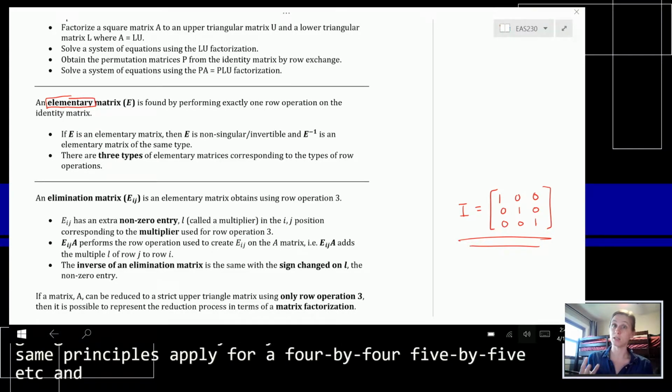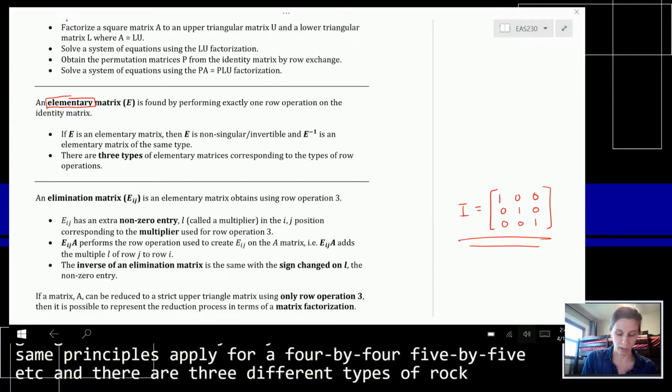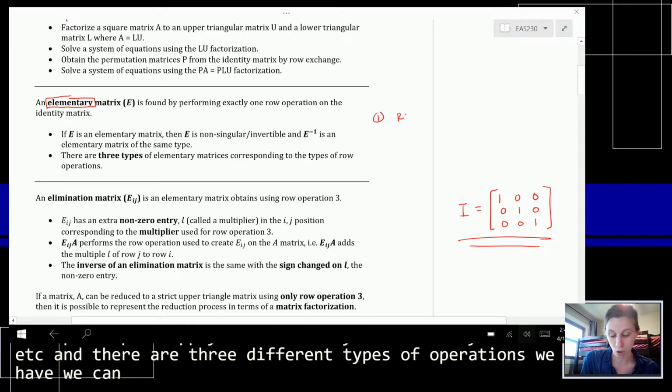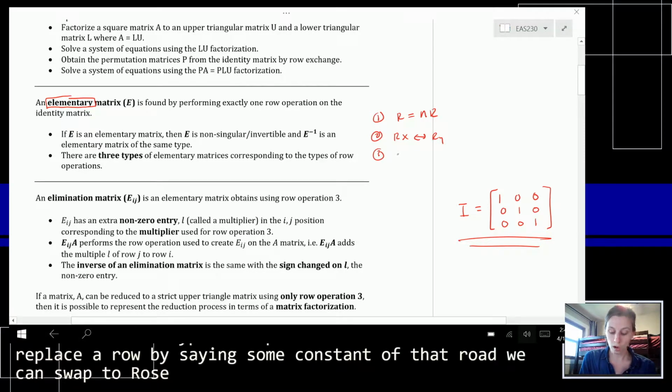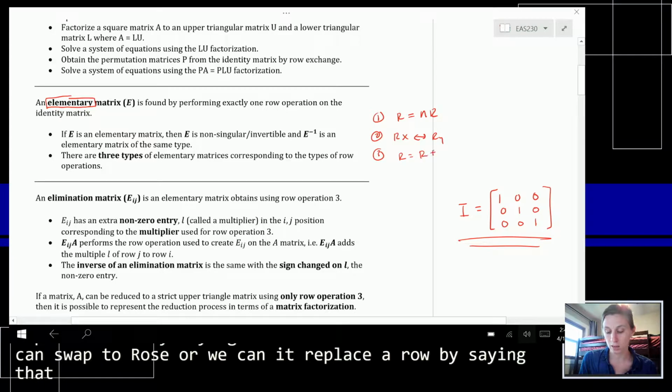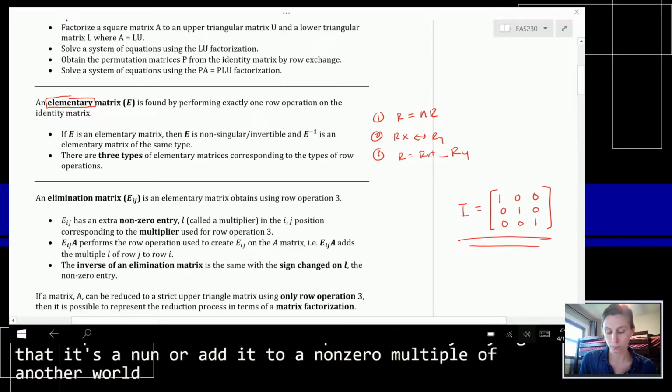And there are three different types of row operations. We can replace a row by saying some constant of that row. We can swap two rows. Or we can replace a row by adding it to a non-zero multiple of another row.